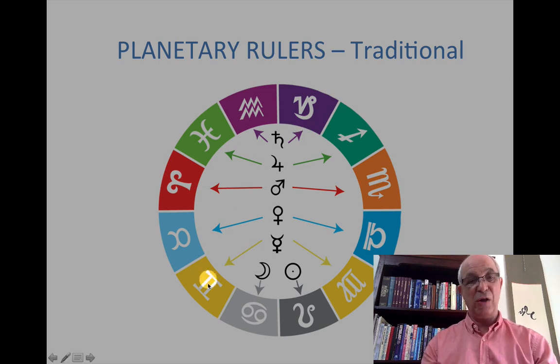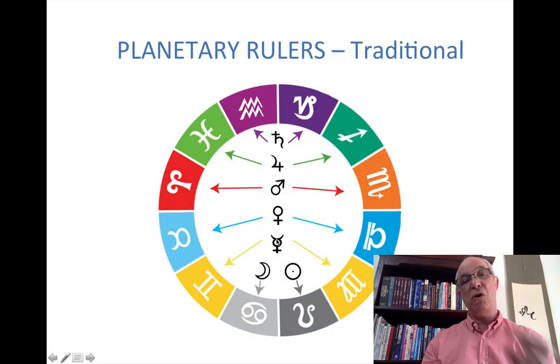So there is undeniable strong affinity between these 7 traditional planets.